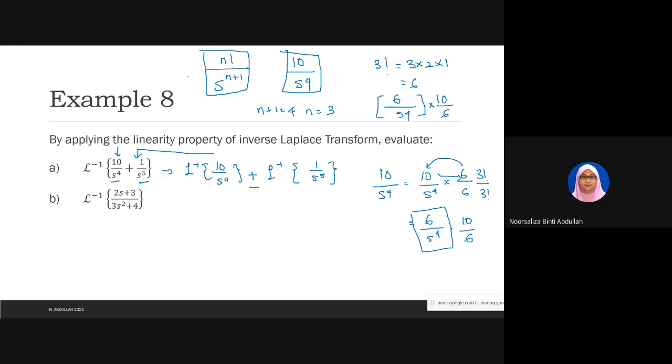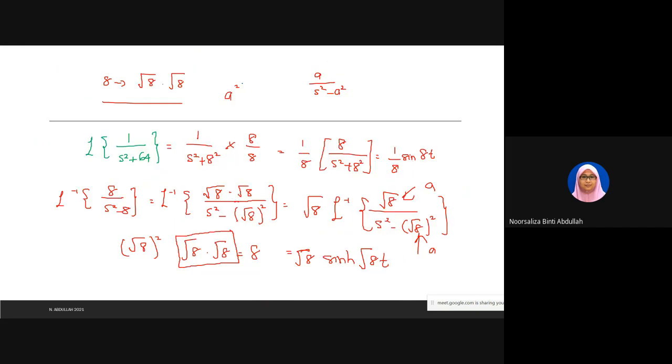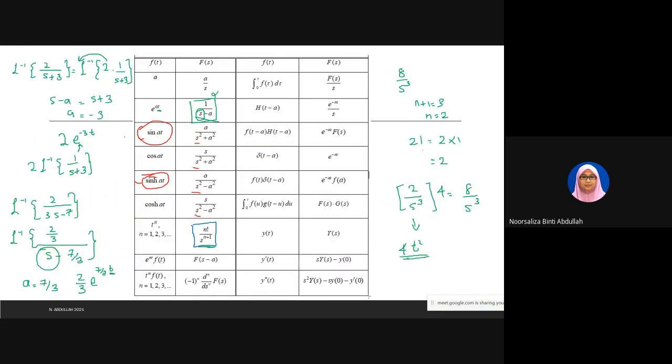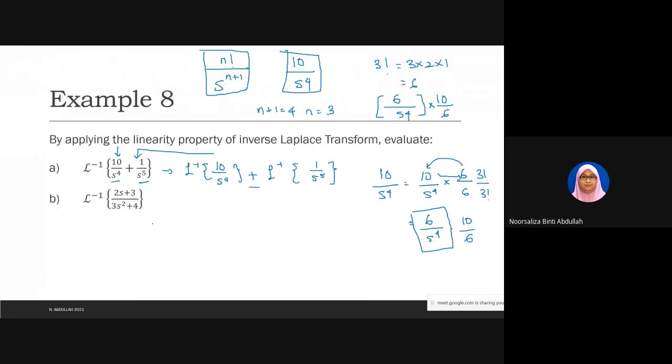So now, your t signal will be t kuasa n, then this one will be t kuasa 3.